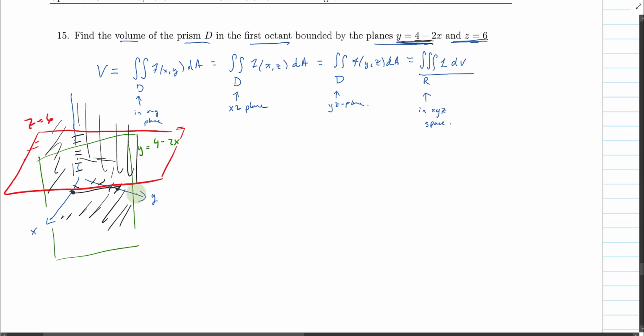So that's quite a mess. I recommend we resketch this in xyz space, where we can draw it more nicely. Here we can see the prism referenced in the problem. Here's the z-axis, the x-axis, and the y-axis.